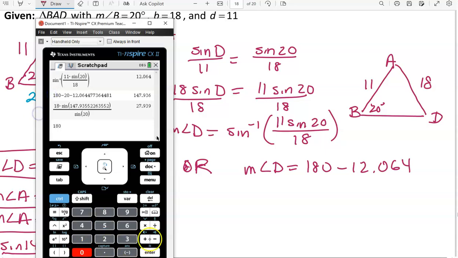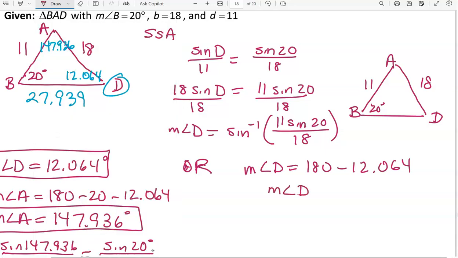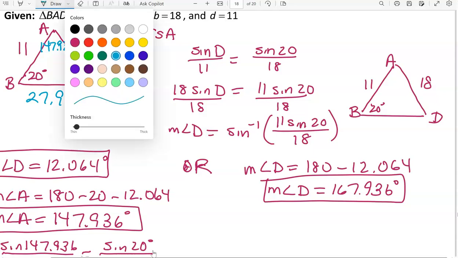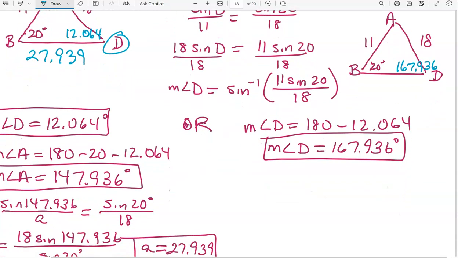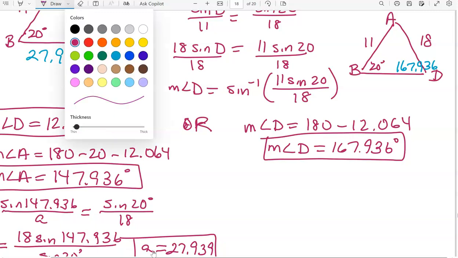So 180 minus, and I'm going to go grab that 12.064 from a previous calculation so that we bring all the decimal places with us, and the measure of angle D is 167.936. Since we now have that result, I'm going to go ahead and insert it into the diagram. And perhaps you might see something here, but I'm going to go ahead and be very explicit about what happens next.